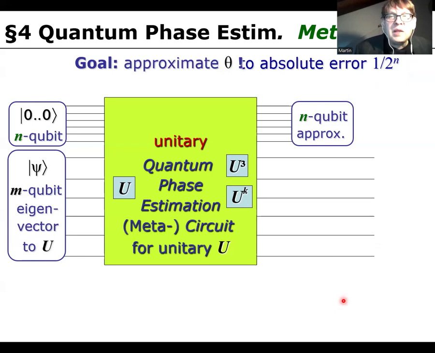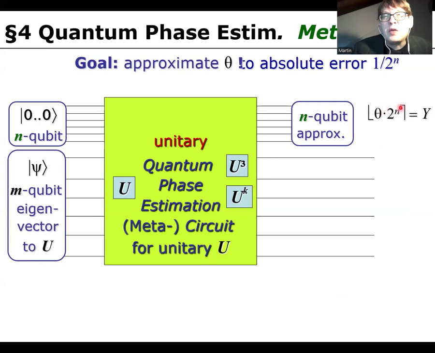And this n-bit qubit approximation should be the closest to the real number. We're going to denote that by y. So we scale it, multiply it with 2 to the n, and then round the real number to the nearest integer.